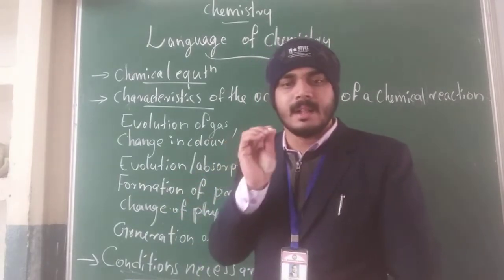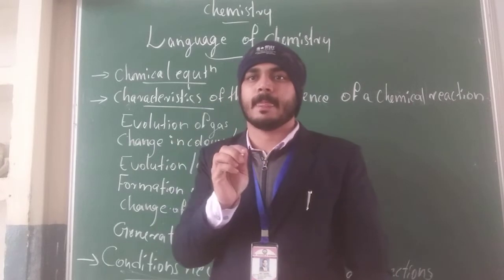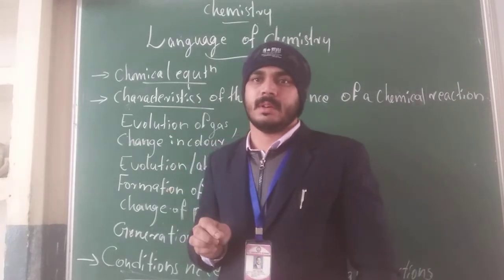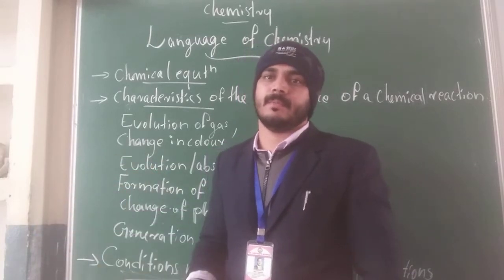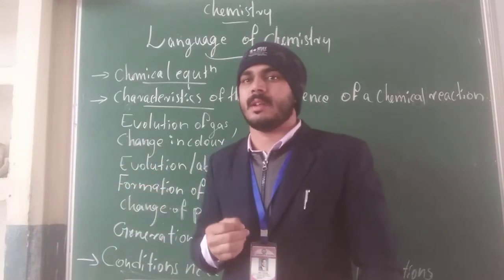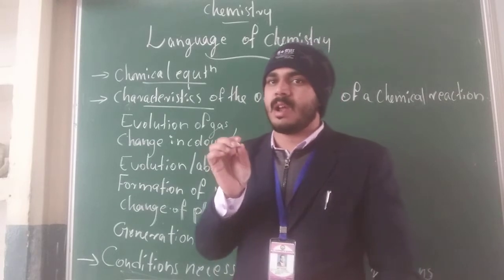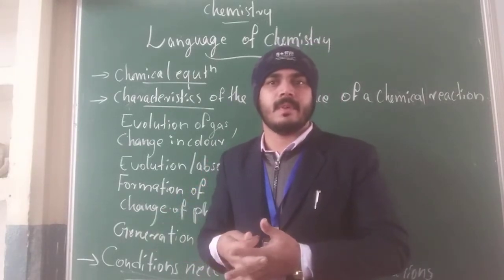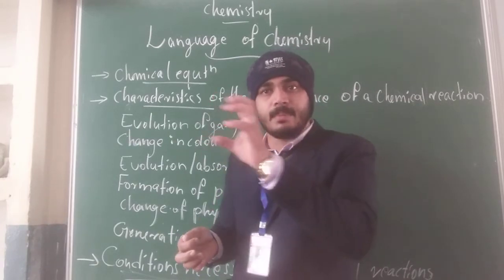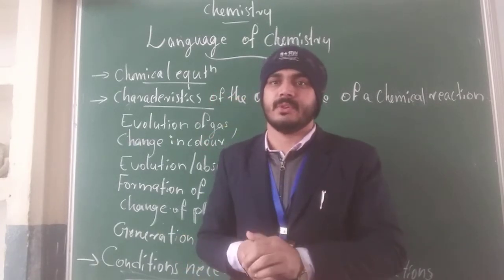So here calcium oxide reacts with water to form calcium hydroxide and heat. It is easy to understand that this chemical reaction is the best example of evolution of heat. Heat is one type of energy. The second one is absorption of energy.